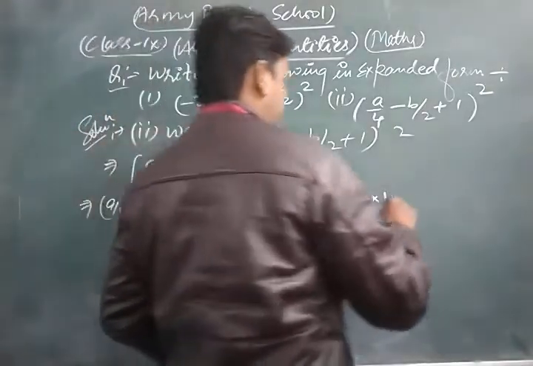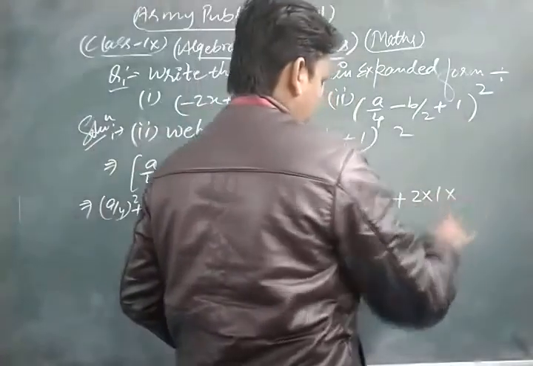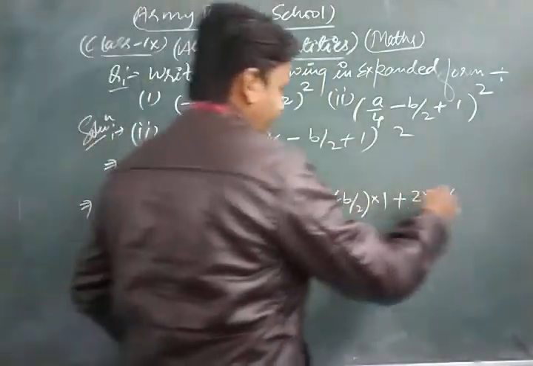Here 2 into c, which is 1, into a, which is a by 4.